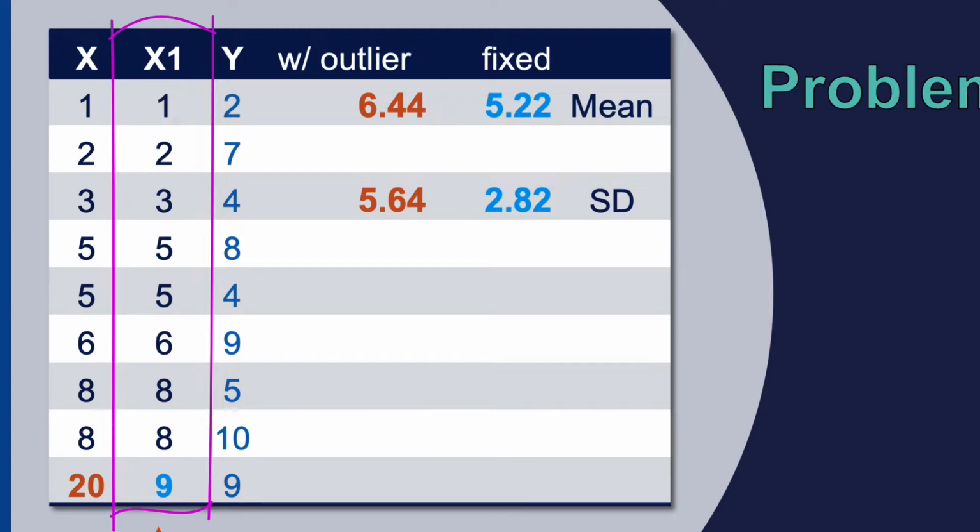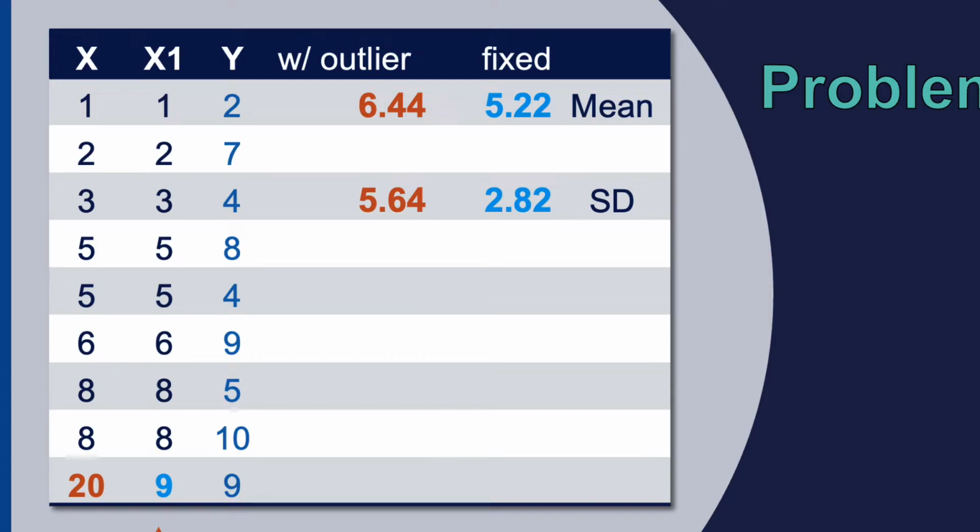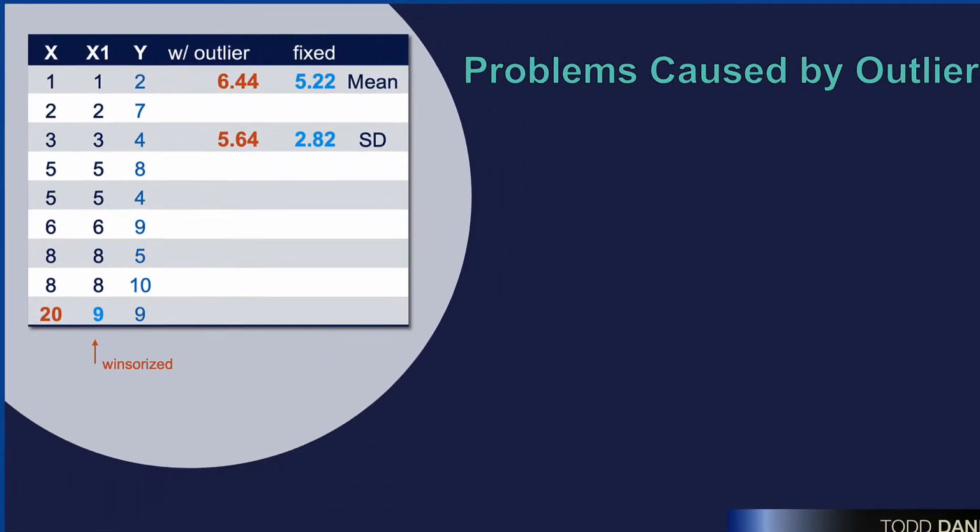I have brought that outlier of 20 down to the next most reasonable value, which is a 9. I also have variable Y, which I could use for measuring correlation.